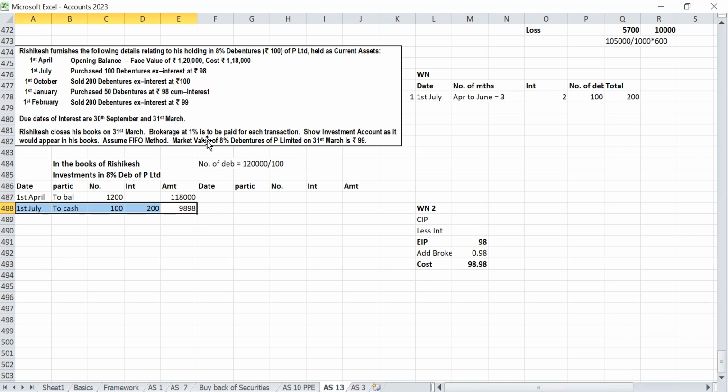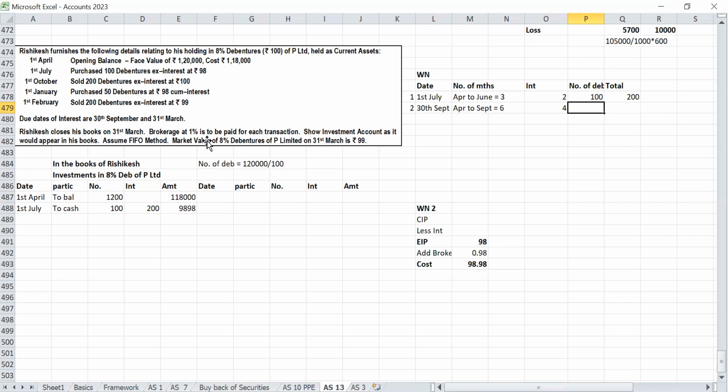Next, interest computation, sir. The due date is 30th September. April to September is 6 months. Interest: 100 into 8 into 6 by 12, that is 4.